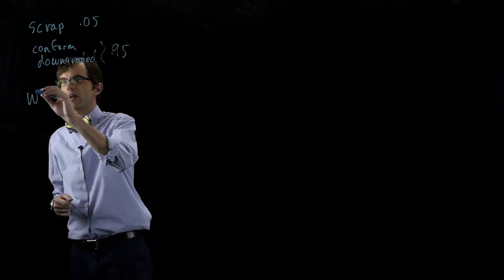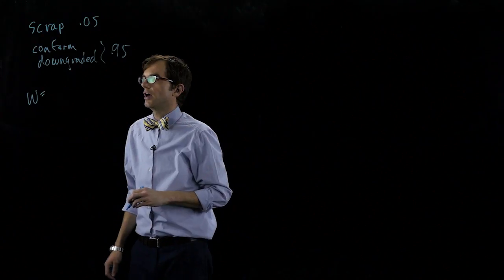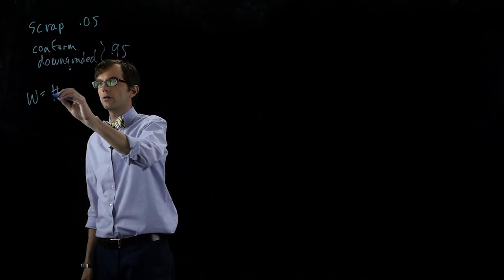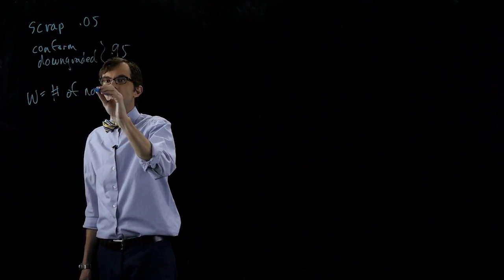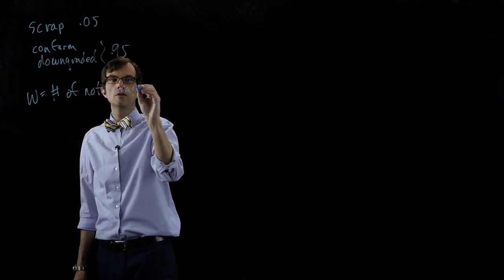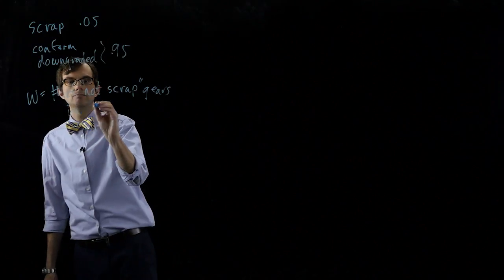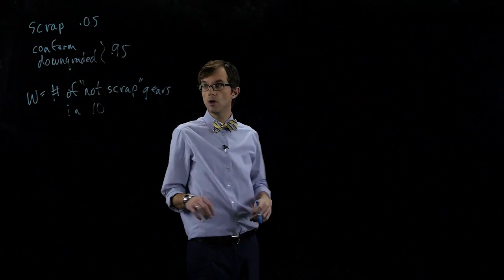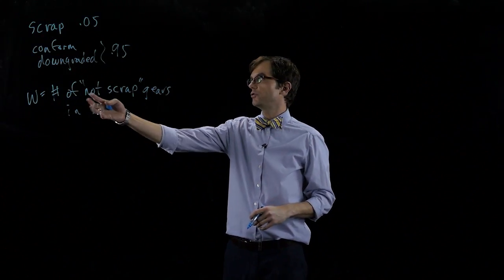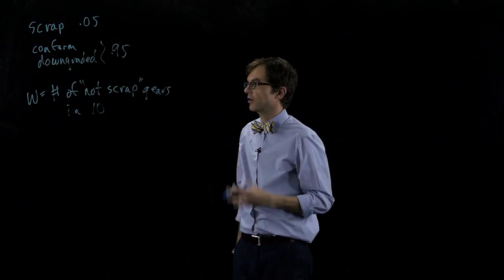So let's name a random variable. Let's call it W. And W is going to be the number of not scrap gears in 10. We're still pulling 10 at random. What's the probability of choosing some number of gears that are not scrap in those 10?